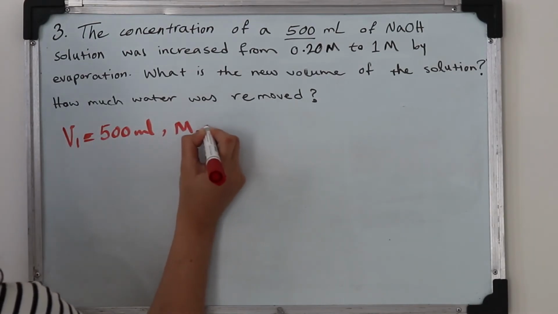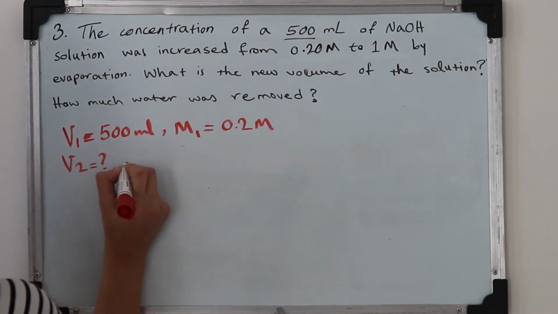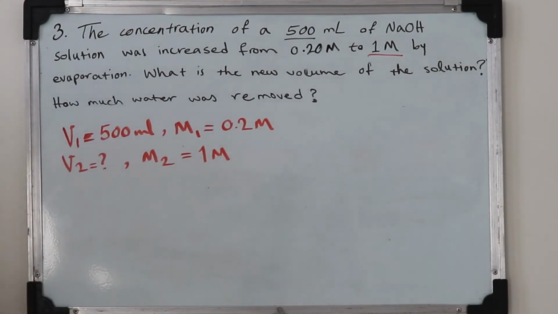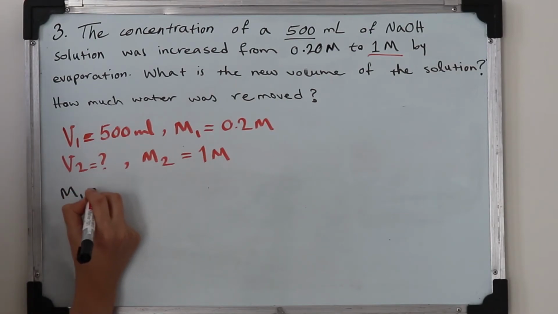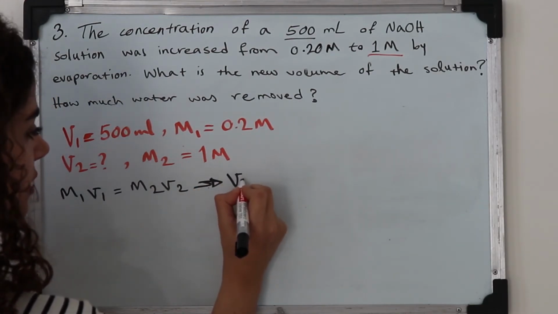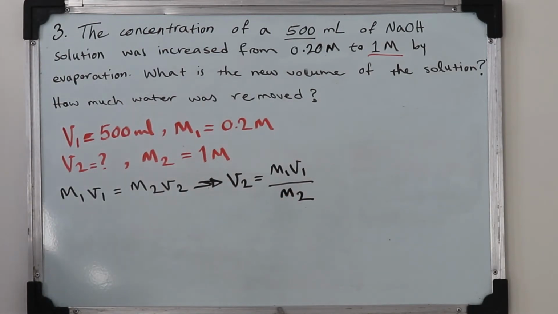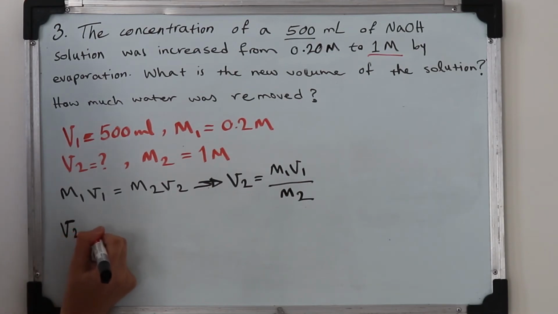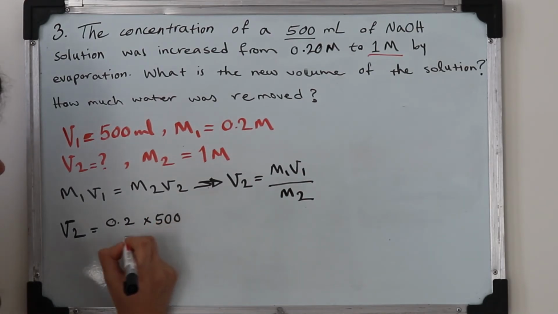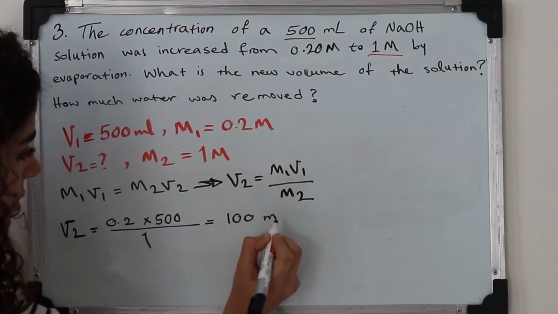And we have our initial concentration, which is 0.2 M. We don't have V2 here, and we have M2, which is 1 M. We can use the main equation, M1V1 is equal to M2V2, and we can calculate V2 from here. So V2 is equal to 0.2 multiplied by 500 divided by 1, which is equal to 100 milliliter.